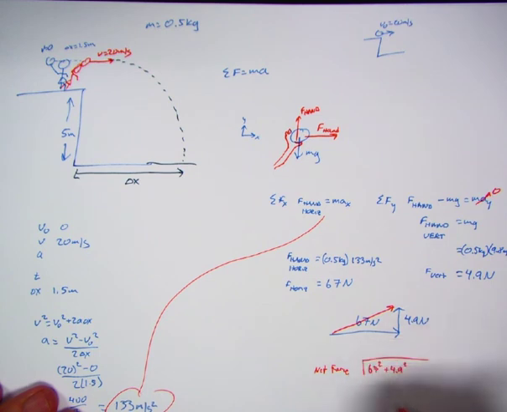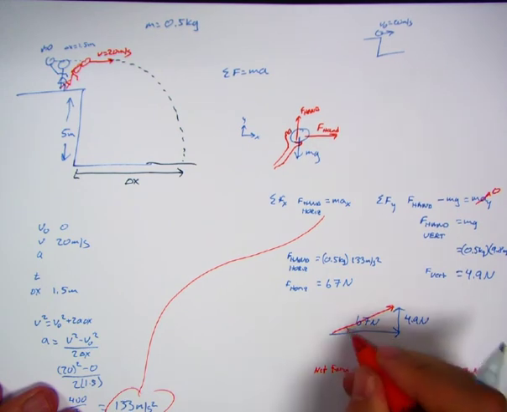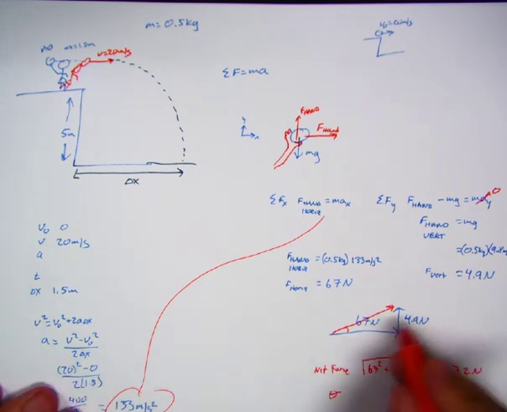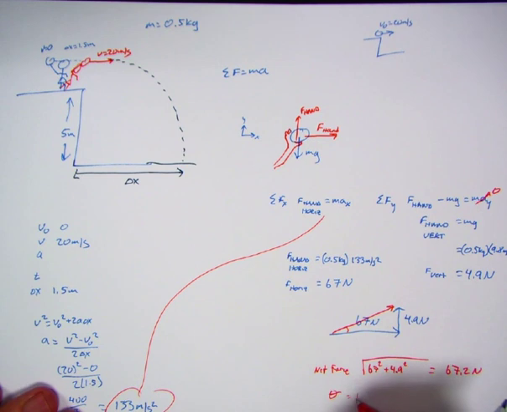So that's going to be equal to 67.2 newtons. And the angle, theta, I can do the inverse tangent of 4.9 over 67, and we end up with a 4.2 degree angle.